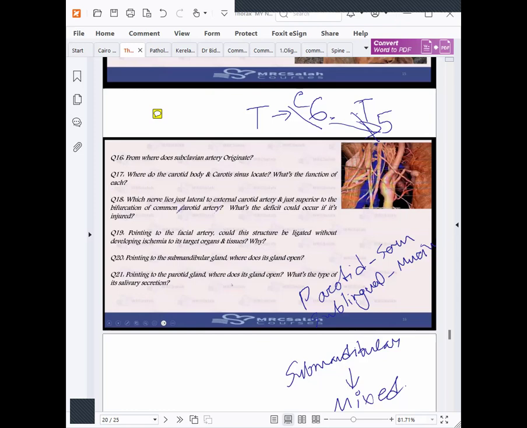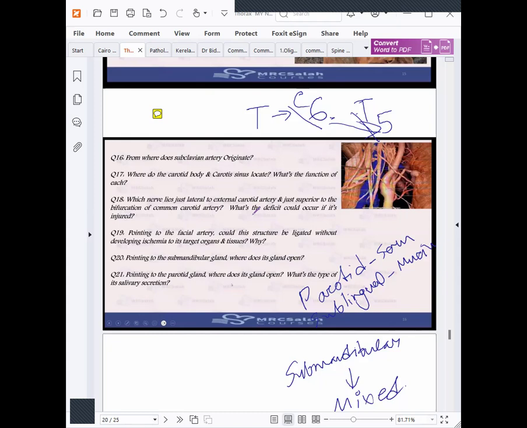What is the deficit that occurs if it is injured? A movement of one half of the tongue at the same side? Anything else? Paralysis. Anything else? Deviation of the tongue. To which side?